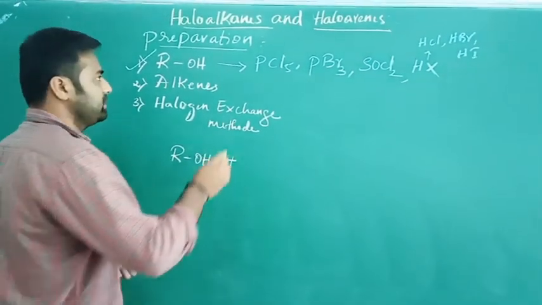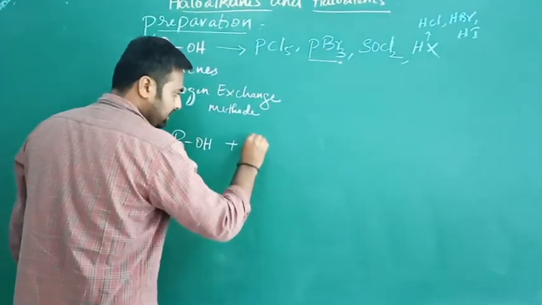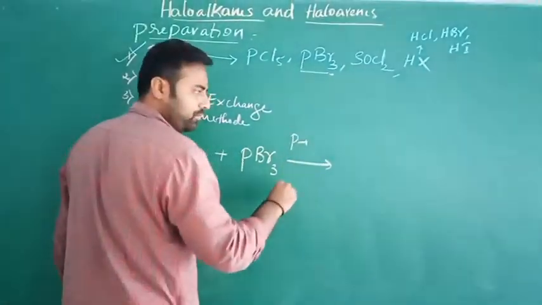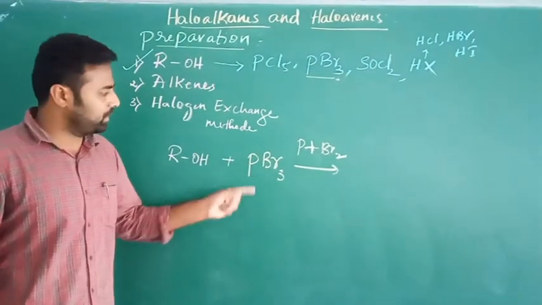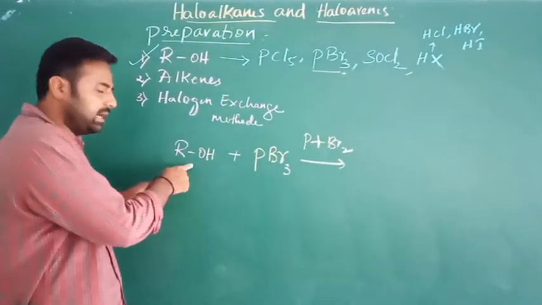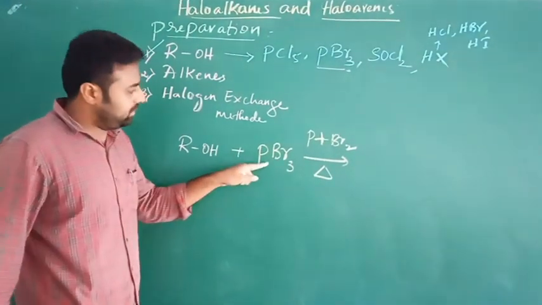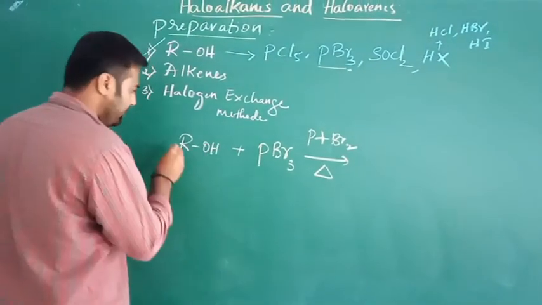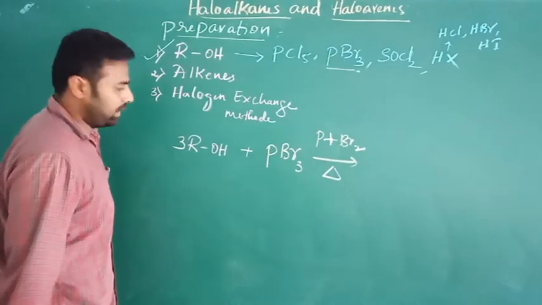Okay, next, by using the second reagent, that is phosphorus tribromide, PBr3. This PBr3 is obtained by the addition of phosphorus and Br2. It produces phosphorus tribromide. When these alcohols are heated with phosphorus tribromide, to balance the equation, we have to take 3 molecules of alcohol.